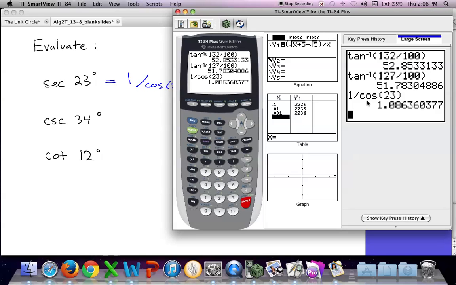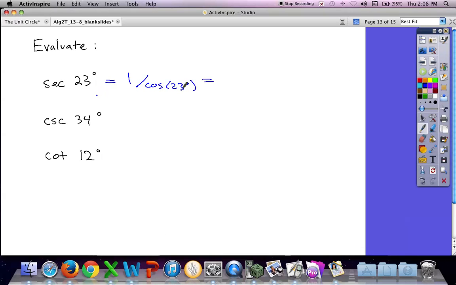Now, what I find is that sometimes I see kind of crazy stuff on a problem like that. Like instead of doing this, I'll see the cosine of 1 over 23. Okay, that's not going to do it. All right, that's wrong. You don't want to do that.